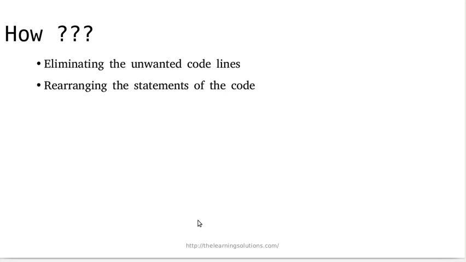Such code lines, expressions, or statements are called dead code. Or we can optimize the given code by rearranging the statements. That means the execution sequence can be changed so that less time is required for execution. We will see in detail in what way code optimization is achieved.